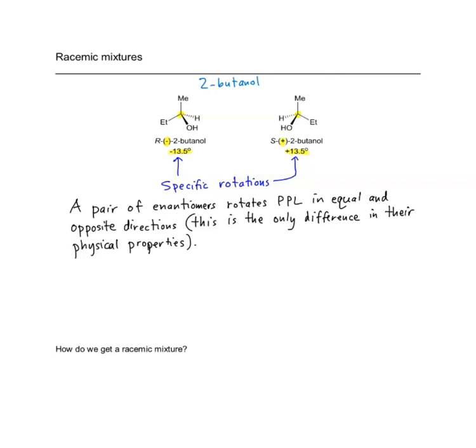Now suppose you have a pair of enantiomers, or any pair of enantiomers, present in equimolar amounts, meaning the same number of moles. Remember that we call that a racemic mixture.